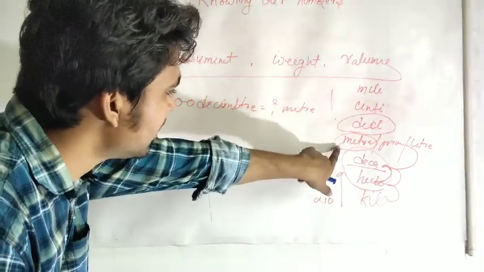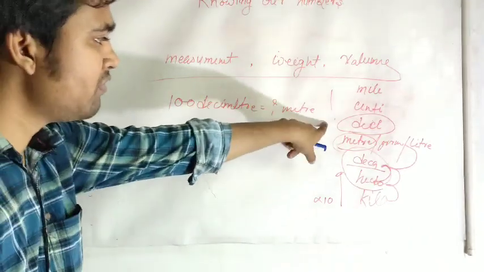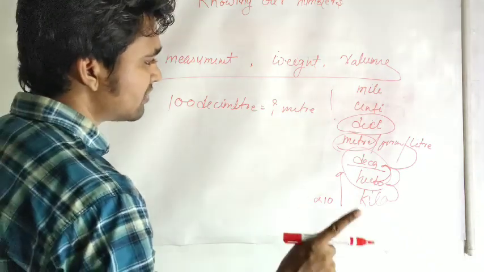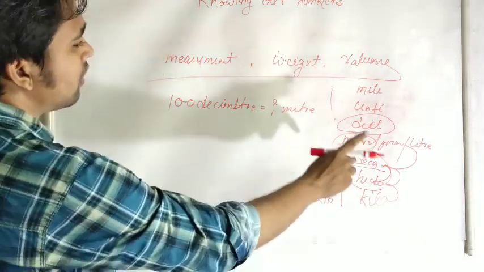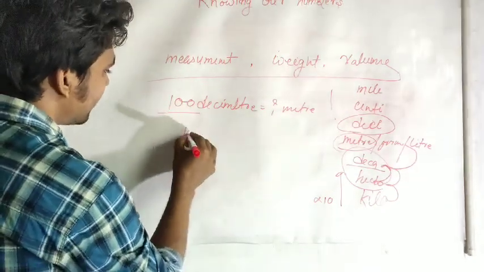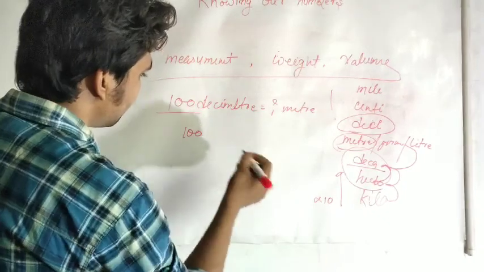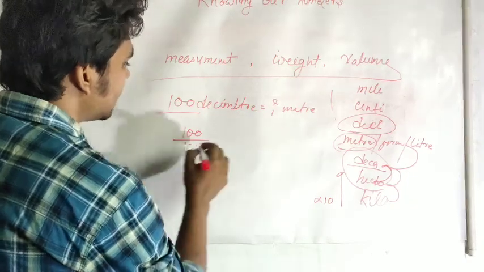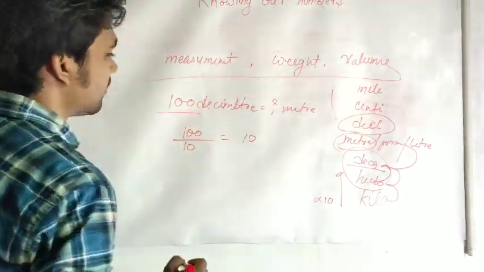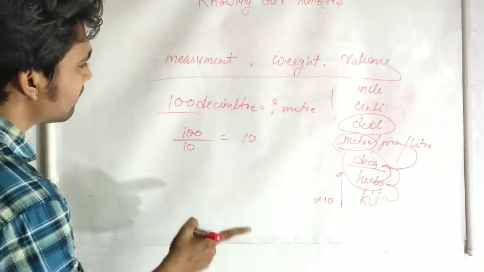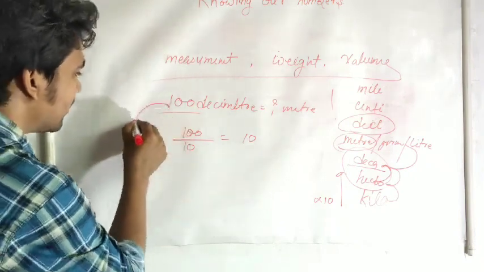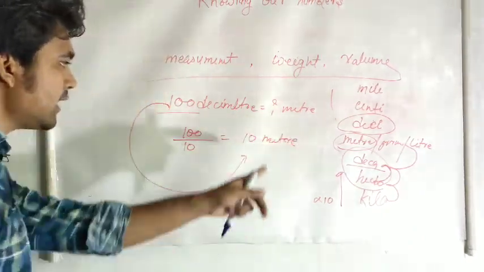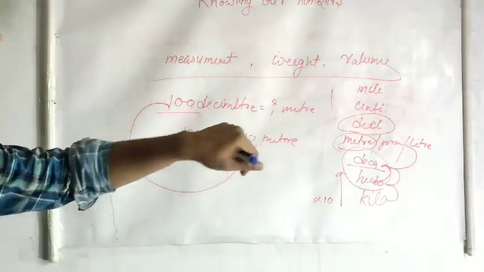Here is the decimeter and here is the meter. When we go down in the given chart, for every step there is a decrease of 10 times. So here 100 decimeter, and when we go one step back, there is a decrease of 10 times. It means we will divide it by 10, that is equal to 10. Then we can say that 100 decimeter is equal to 10 meter.